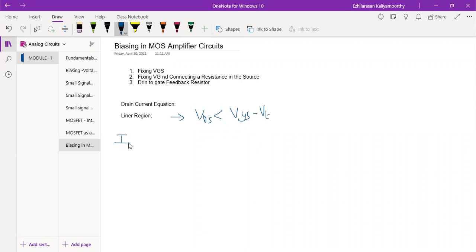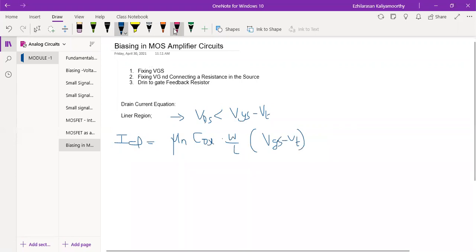So I will write the current equation: ID is equal to mu n C ox times W by L times (VGS minus VT) into VDS minus VDS square by 2, the whole bracket.